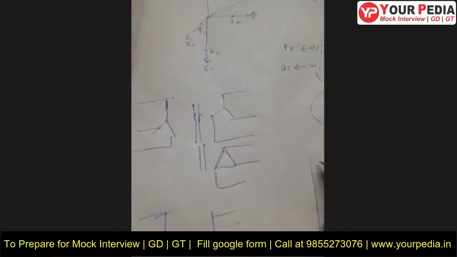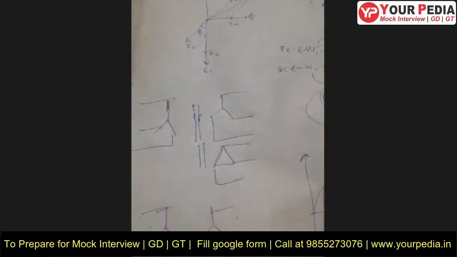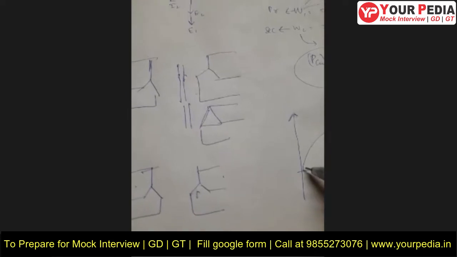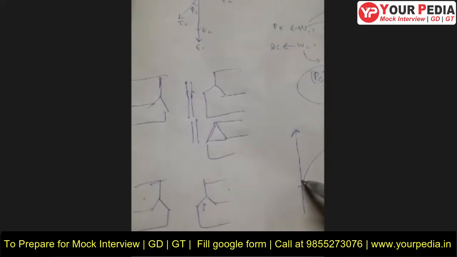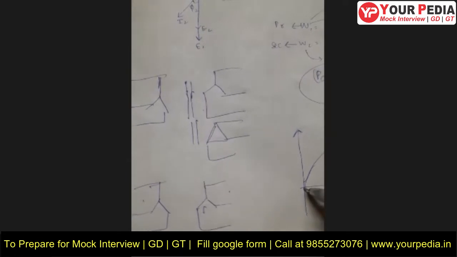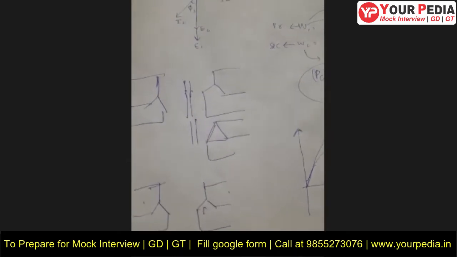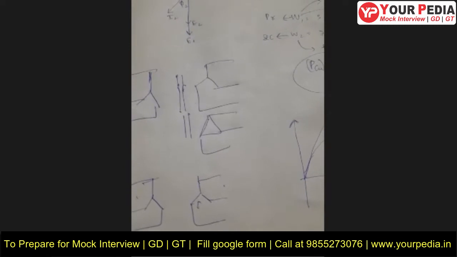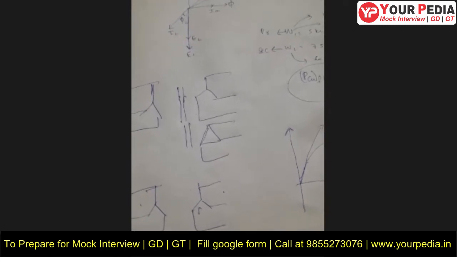Actually, this critical resistance is tangent to the OCC characteristics of a self-excited shunt generator.